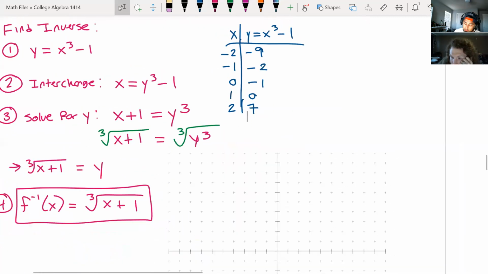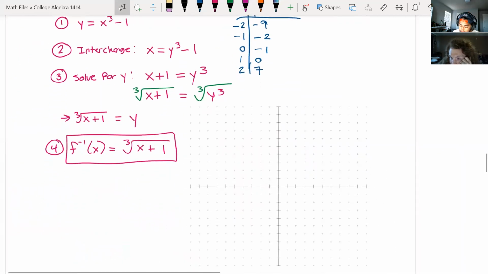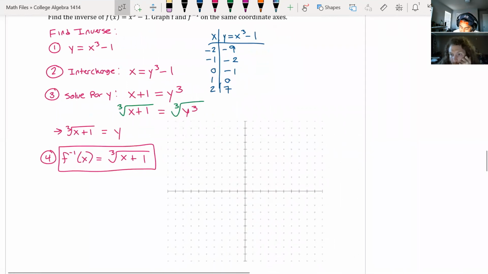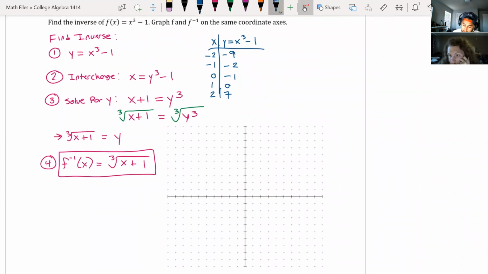Okay, so let's go ahead and plot the original function. I will leave the x and y values as is. So -2, -9 is right here. -1, -2, 0, -1, 1, 0, and then 2, 7. 1, 2, 3, 4, 6, 7.